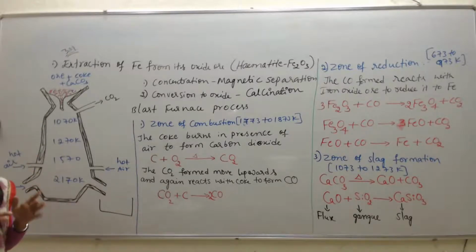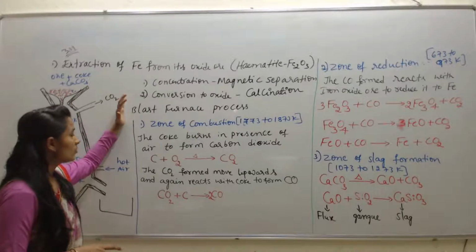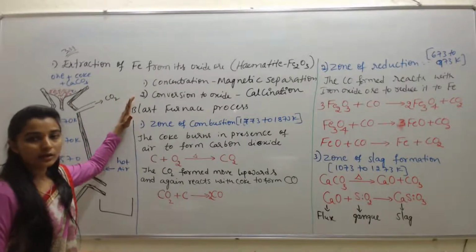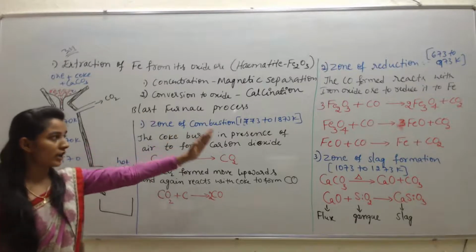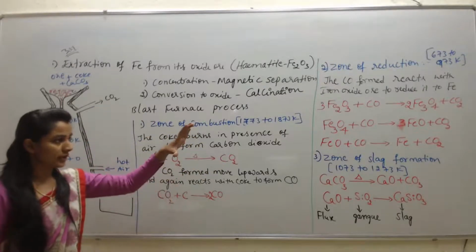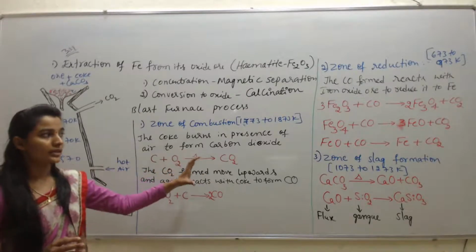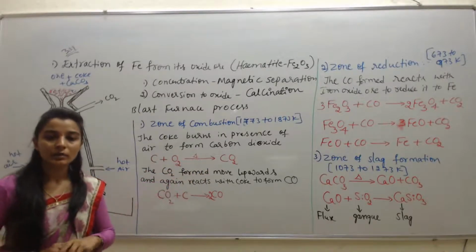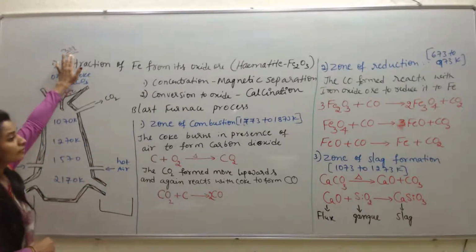Okay, if they ask the steps involved in the extraction of iron from the blast furnace, they never ask the diagram, they directly ask the reactions. If you write these different three zones with correct temperature and the correct balanced equation, you will get complete marks, and this is very important for examination orientation for 3 marks.